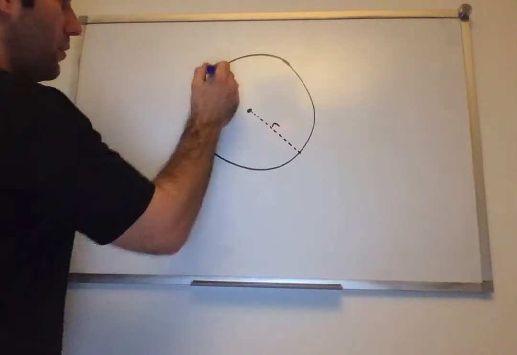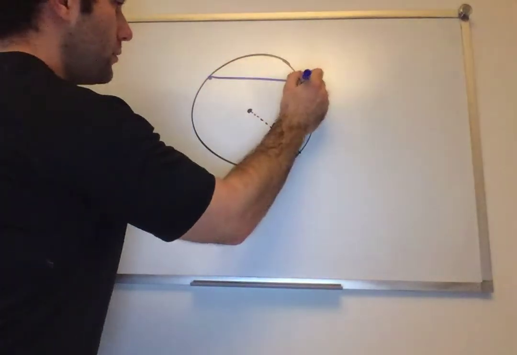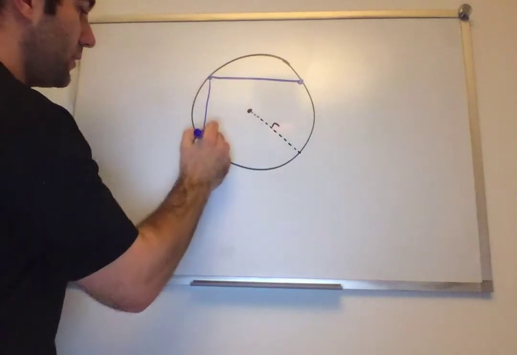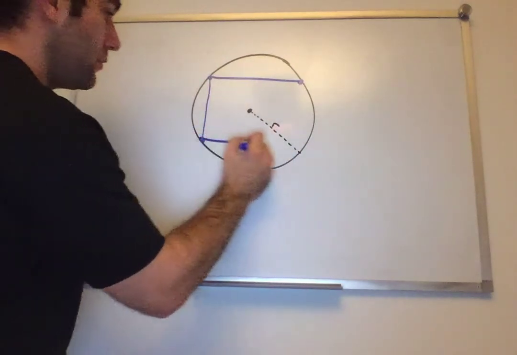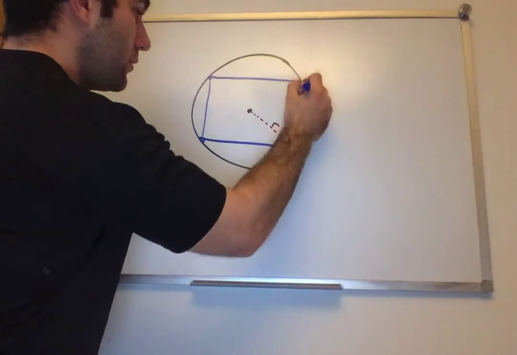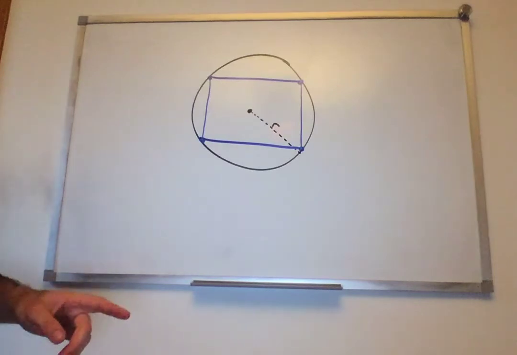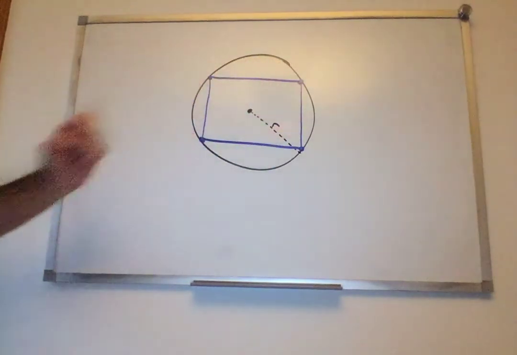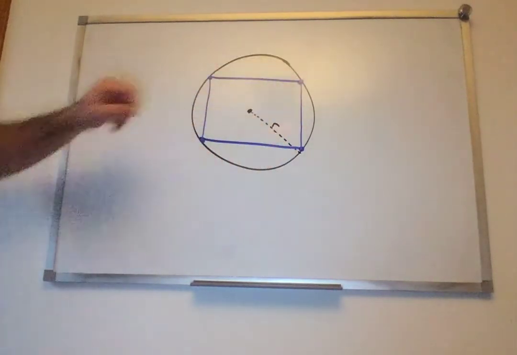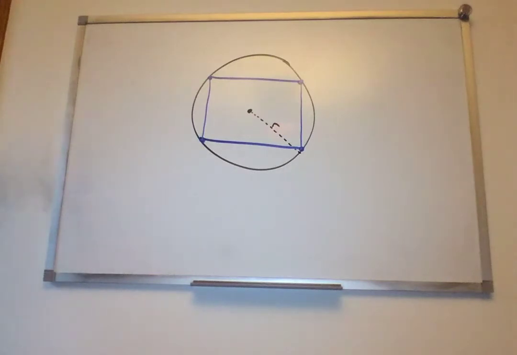So, put one right there, put one right there, down, over, come down. Alright, so as you can see, I've got this rectangle inside this circle here. Okay, so what we want to do is find the maximum area.